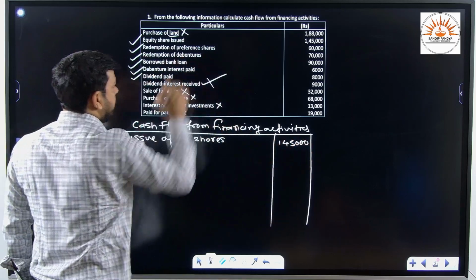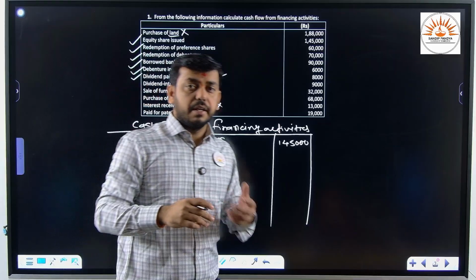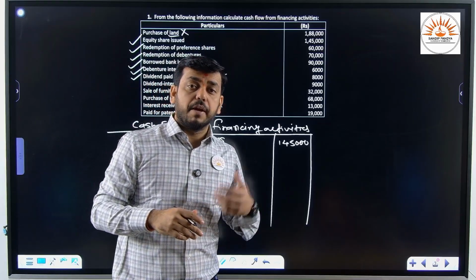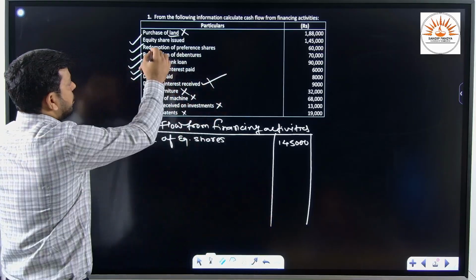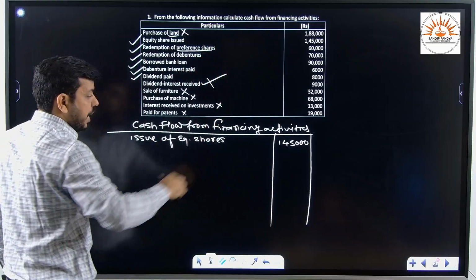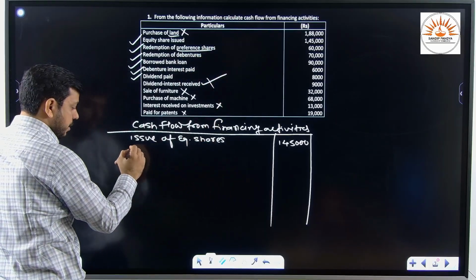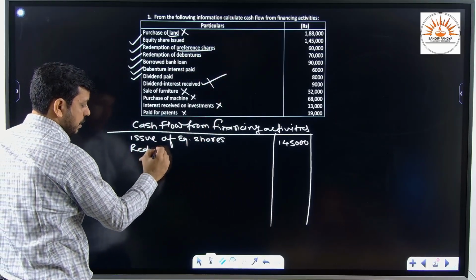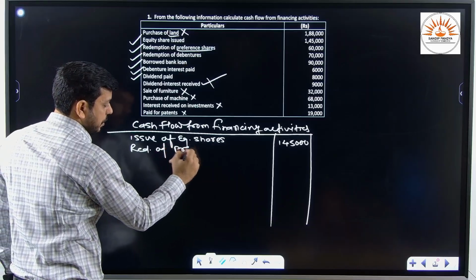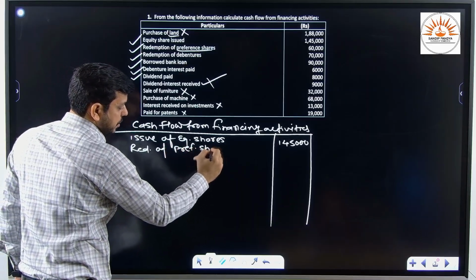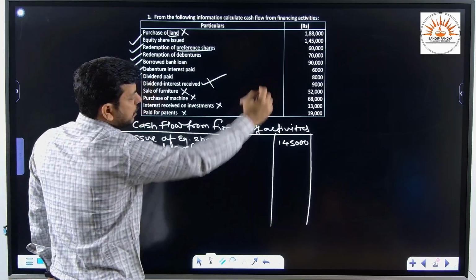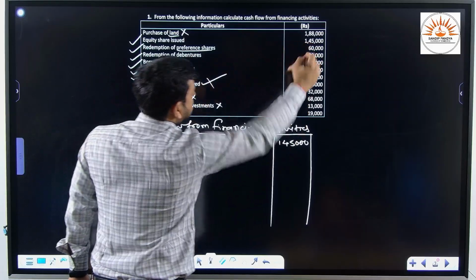We know redemption of preference share. Redemption means we are returning, we are making a payment to the preference shareholder. So this is the redemption where cash goes out, hence we shall write redemption of preference share, where cash goes out, that is rupees 60,000.